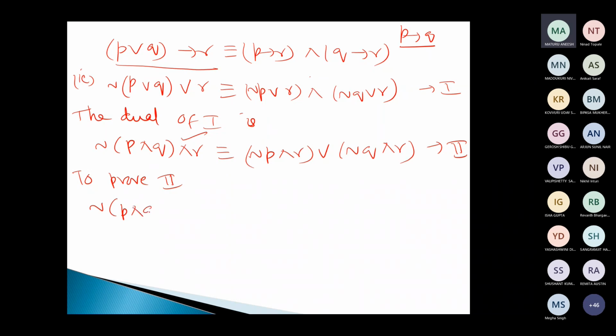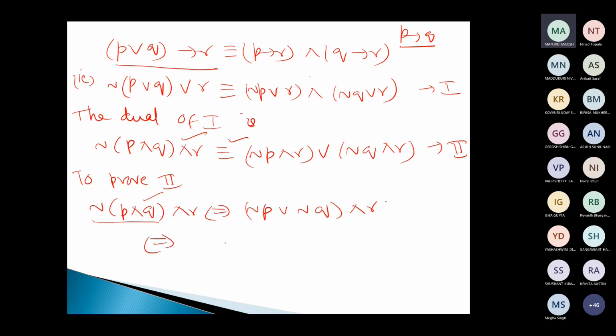Not of P and Q and R. Either you can use this symbol or this symbol here, both okay. Expand this first. What law you will apply? De Morgan's law. Not of P or not of Q and R.